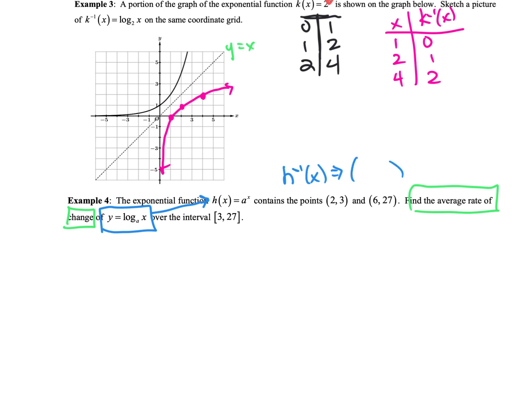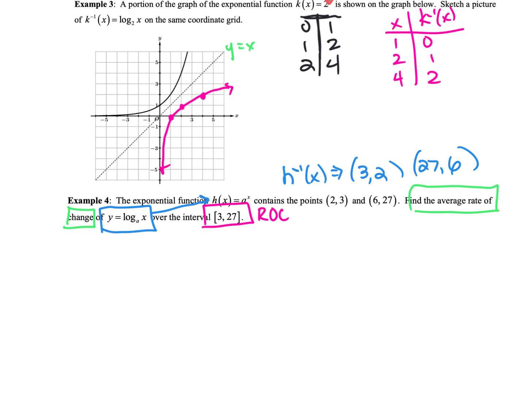What are its points going to be? 3, 2, and 27, 6. Okay? So when we see that they've asked me to find the rate of change over the interval from 3 to 27, those are my x values for my inverse function.